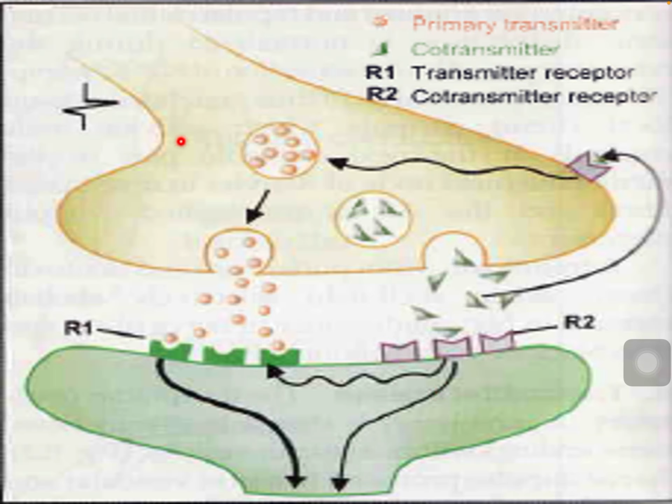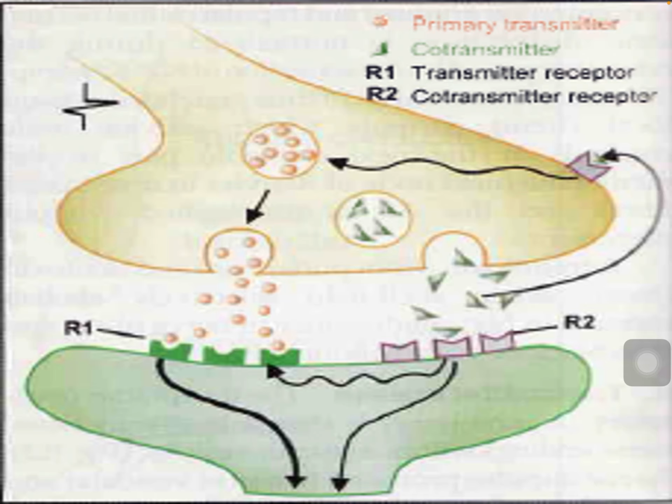So whenever an impulse comes, first step, impulse conduction. Second step, release of transmitter. Third step, binding of this transmitter to the post-junctional membrane. Fourth step, either EPSP or IPSP, that is post-junctional activity. And the fifth step is termination of transmitter action.